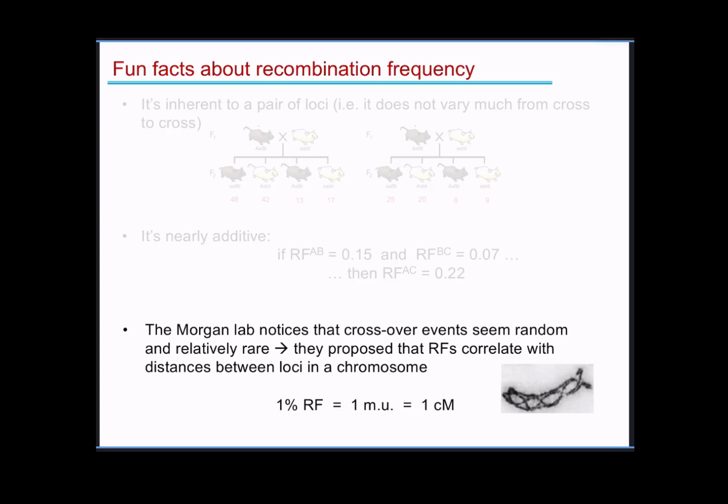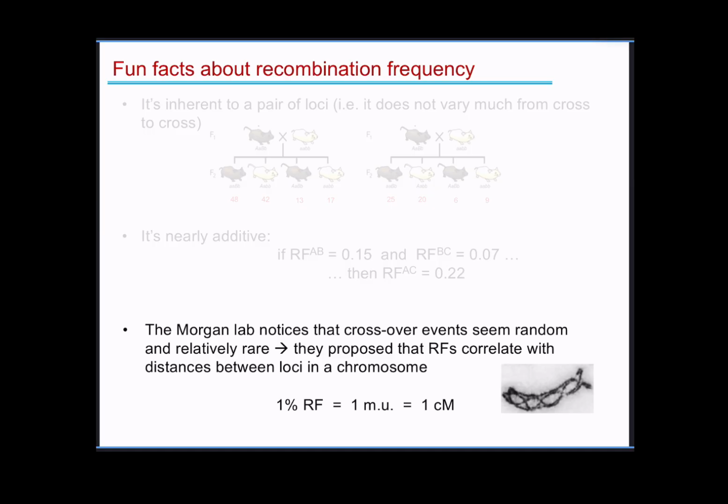If two loci in the same organism had a 10% recombination frequency, we would say that they had a 10 mapping unit distance between them. And in honor of Morgan, that turned into what nowadays we still call centimorgans. This is not centimeters because it's not a physical distance.